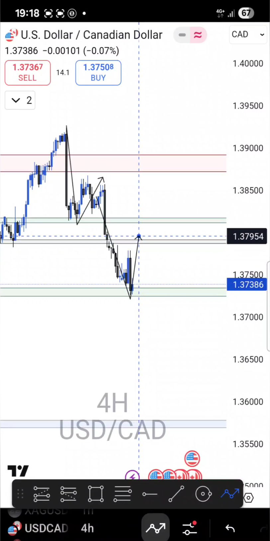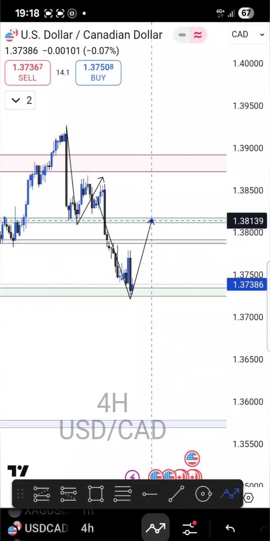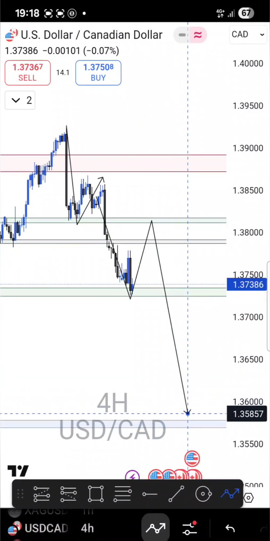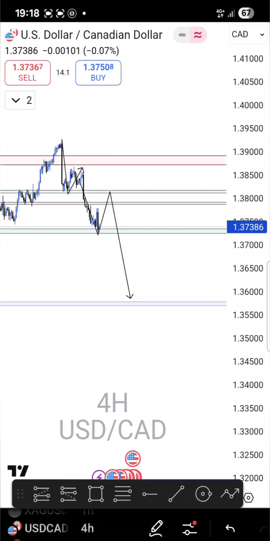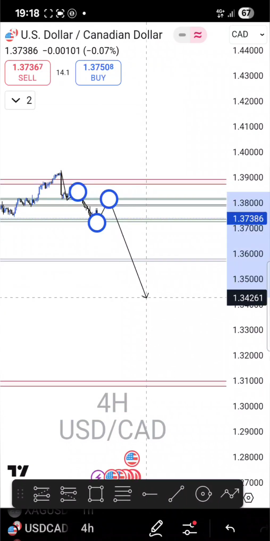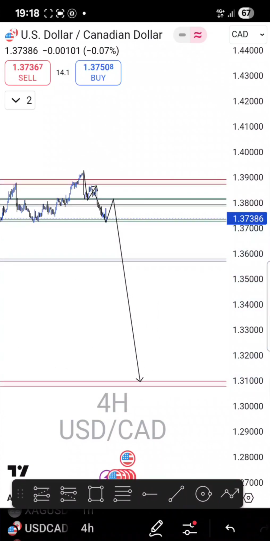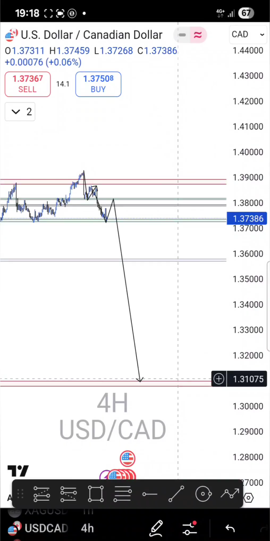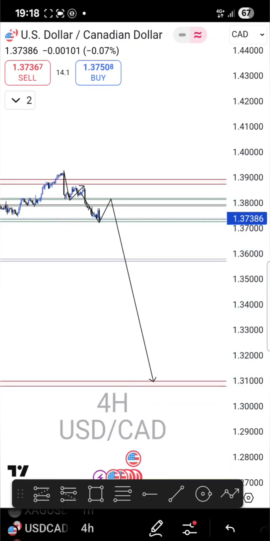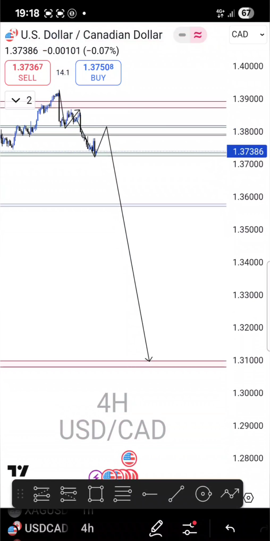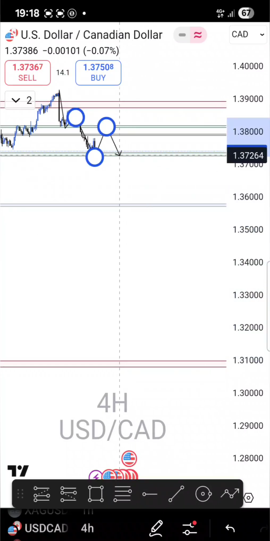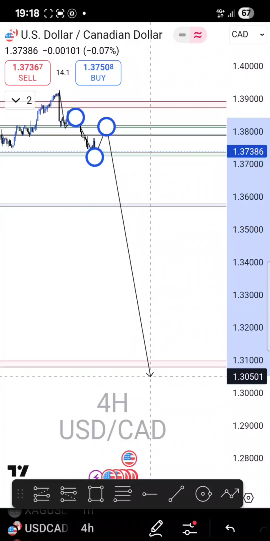We expect, like I mentioned, price to retest somewhere here before we start selling all the way down, and ultimately our target is the monthly support zone somewhere around 315. But our first target would be somewhere around here, 3.7, and then the next one, and then the next one.